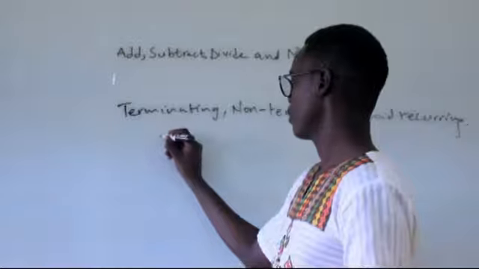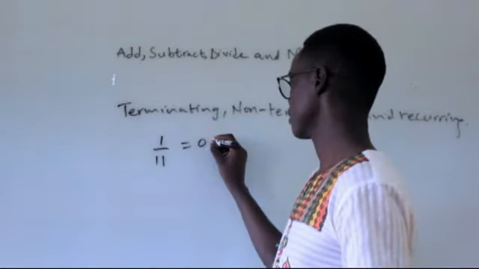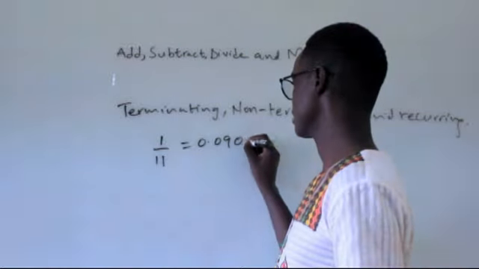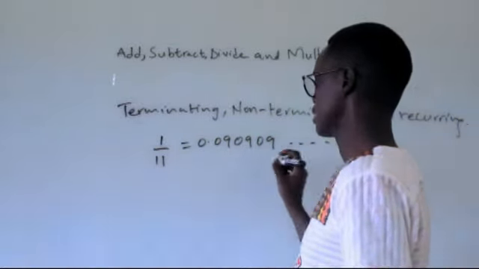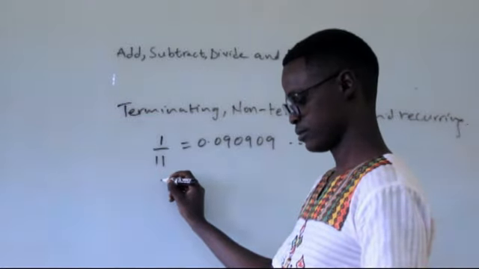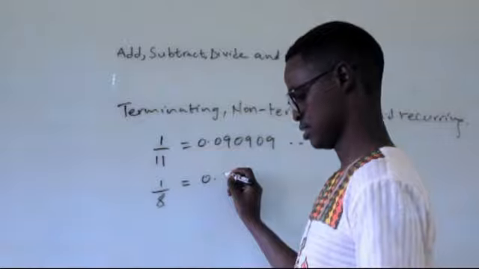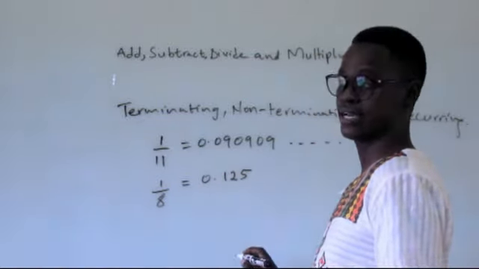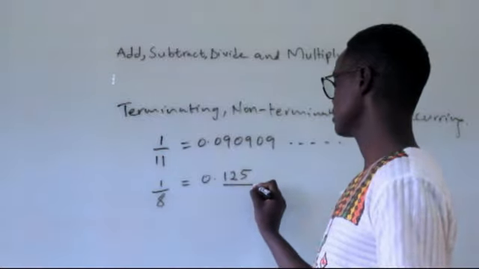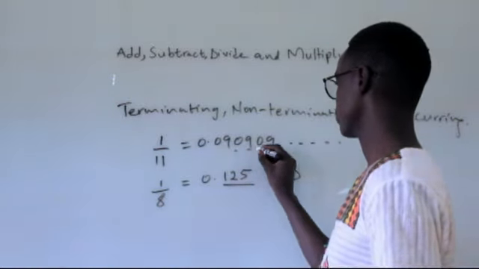For example, 1/11 gives us a value 0.090909 and other values. Then we have another example: 1/8 gives us 0.125 and it ends there. So when you look at this, we have said it has an end, whereas this one does not.